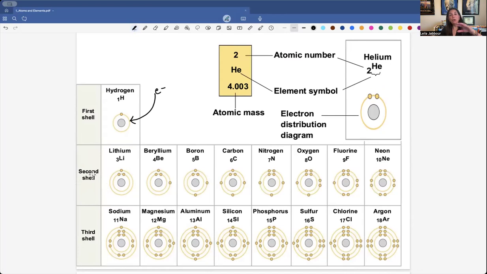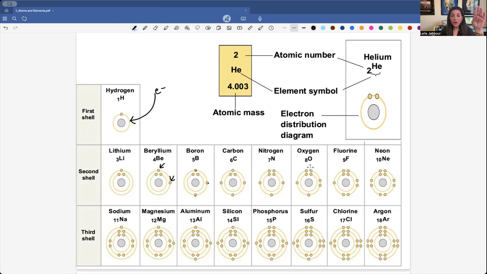You see how every row is what we call a period. Every period represents the next shell and the next shell and the next shell. So the second shell: lithium happens to have 1 electron. Beryllium has 2 electrons. Boron has 3. Carbon has 4.